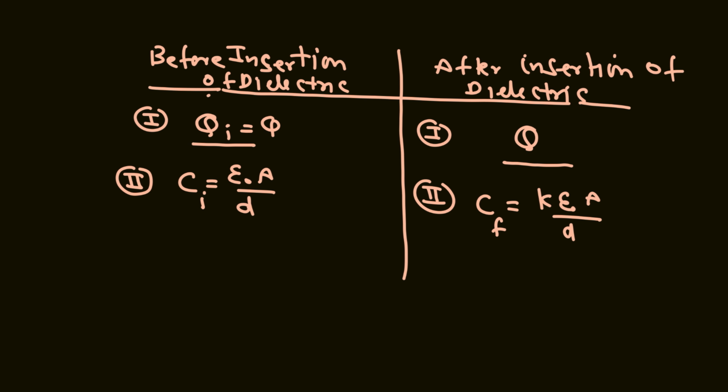Initial charge is Q and final charge on the plate of the capacitor is also Q because charge is constant. Then we can say the final capacitance is K times the initial.